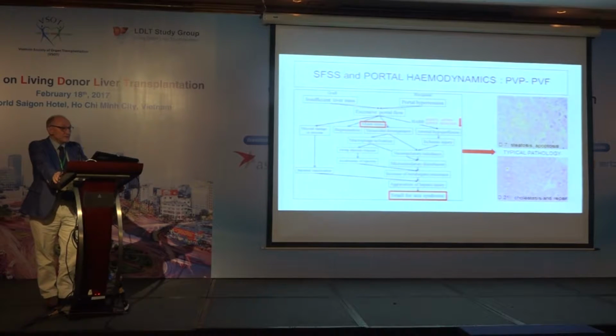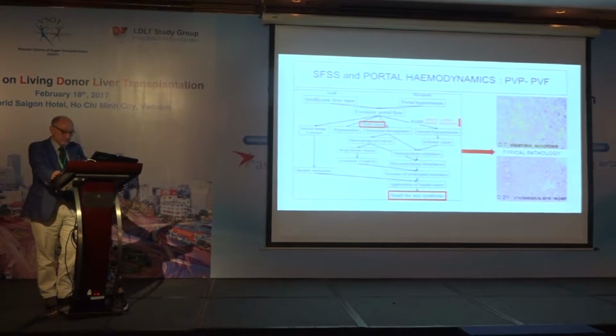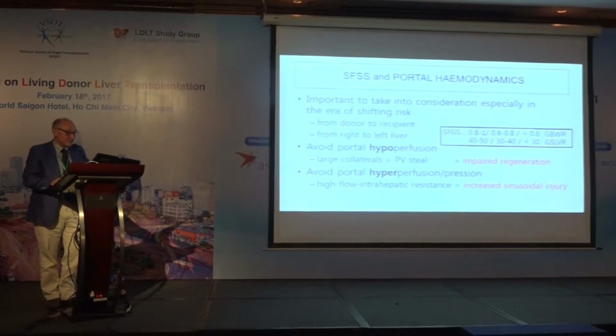So the pathophysiology of the combination of these hemodynamics can be summarized in a shear stress with also an influence on the hepatic artery vascularization. And finally, it leads to typical pathologic modifications which explain the small-for-size syndrome.